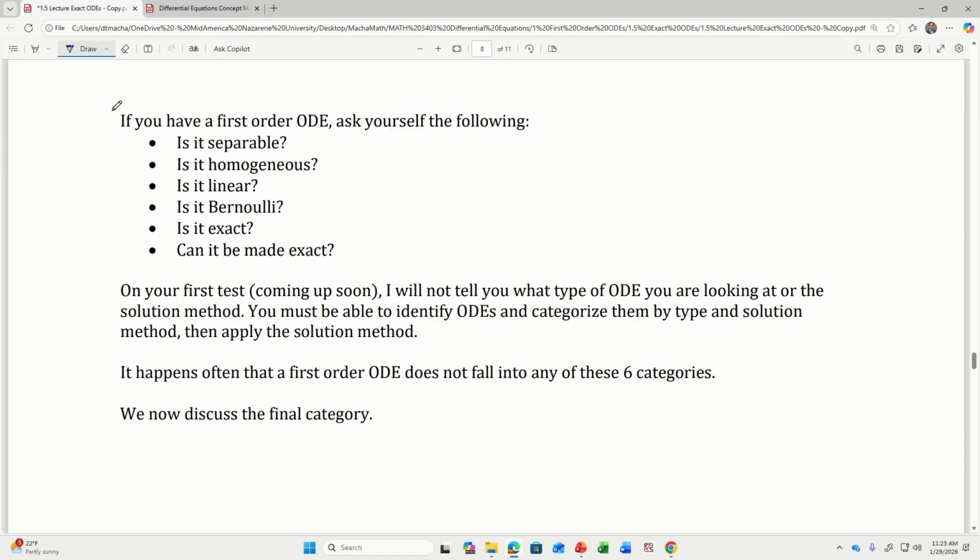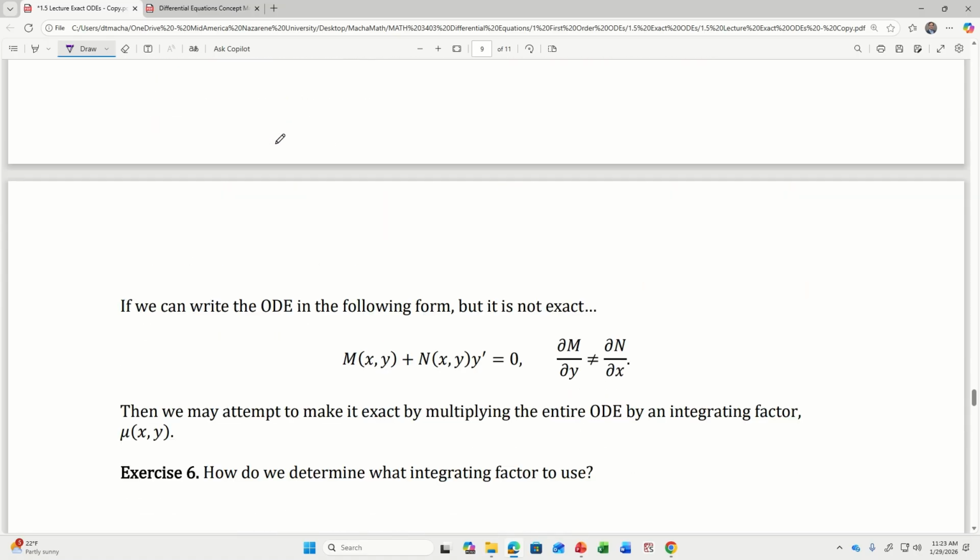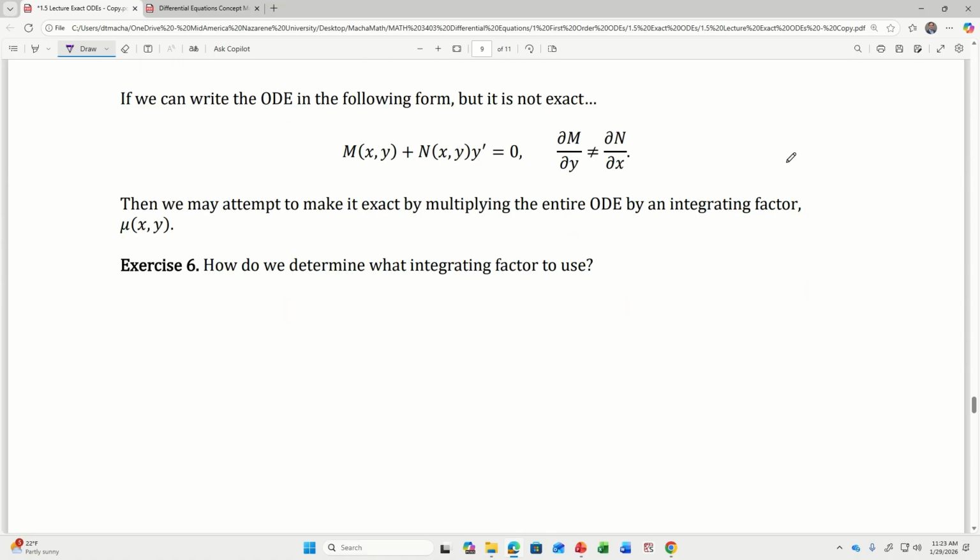Okay, so let's talk about ODEs that can be made exact. They're not exact right away, but we can make them exact by multiplying the entire ODE by an integrating factor. And so my integrating factor mu is potentially a function of x and y.